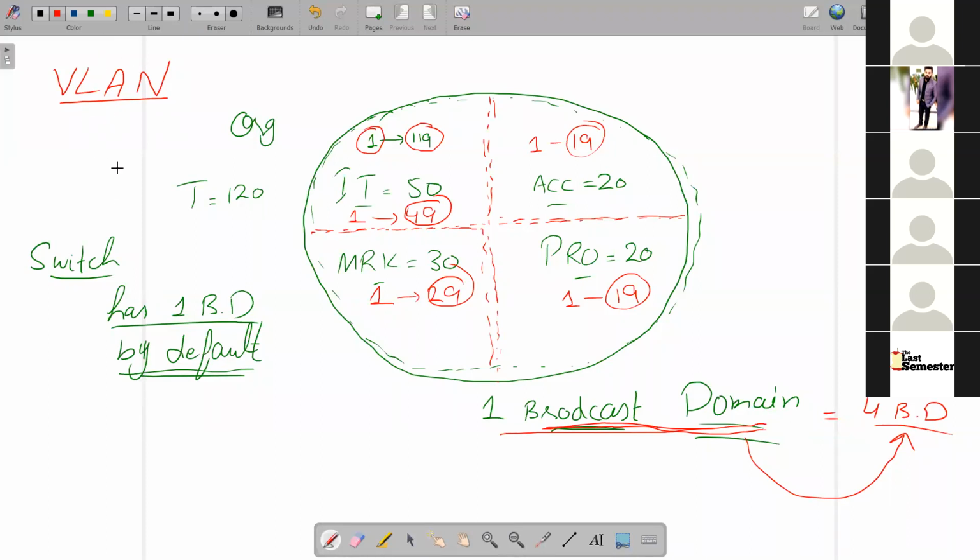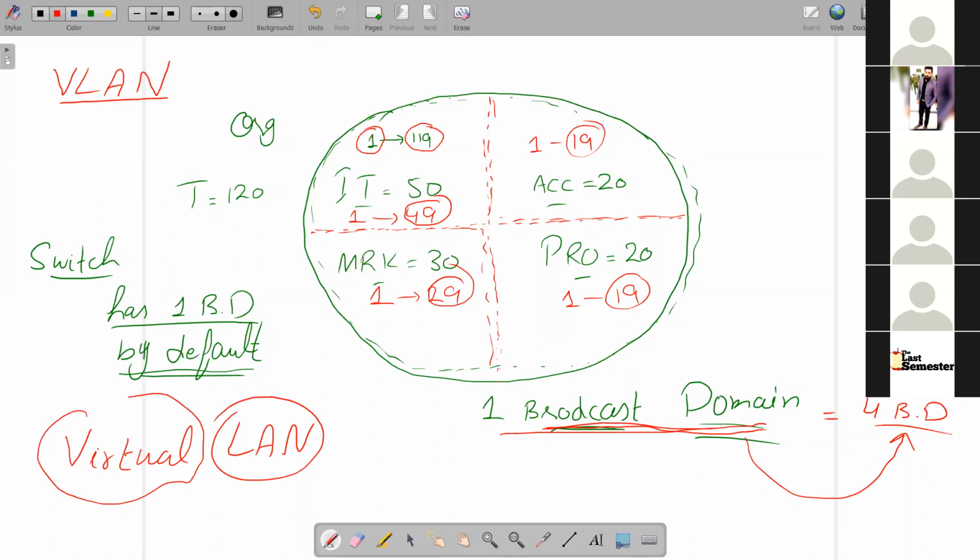And what is a VLAN? V means virtual local area network. This is still the LAN. All the departments belong to the LAN, but we have isolated them virtually.